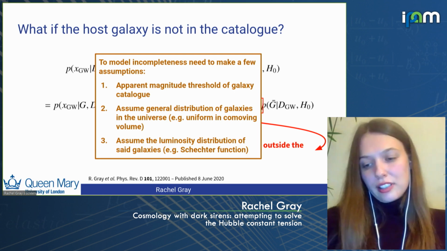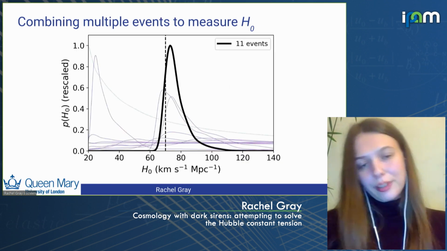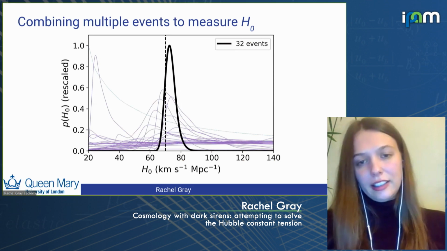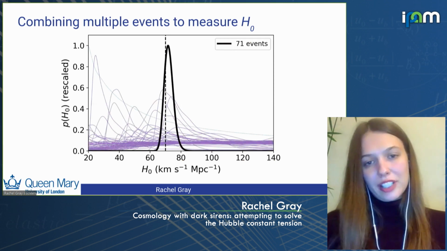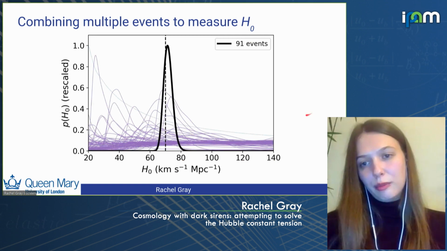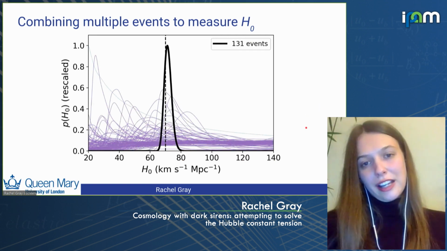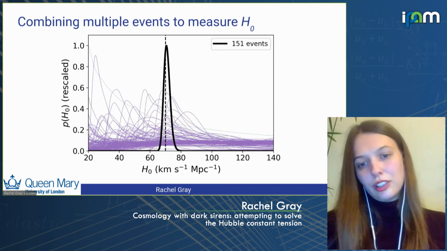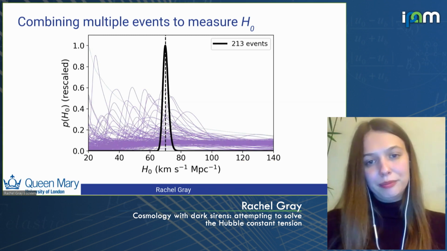So if you do this and then redo an analysis, I think first I'm going to show you a cool GIF that I like. This is simulated from the same mock gravitational wave data, but with simulated galaxy catalogues that have an apparent magnitude threshold such that I think 50% of the detected events didn't have the host galaxy within them.